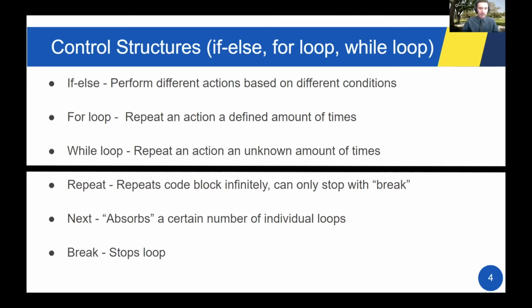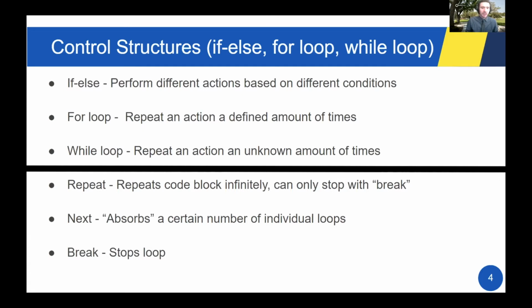Everything below this black bar is generally best avoided, because when we are dealing with loops, we really want to avoid infinite loops. The repeat function will just repeat a code block infinitely, and you can only stop it with the break command.